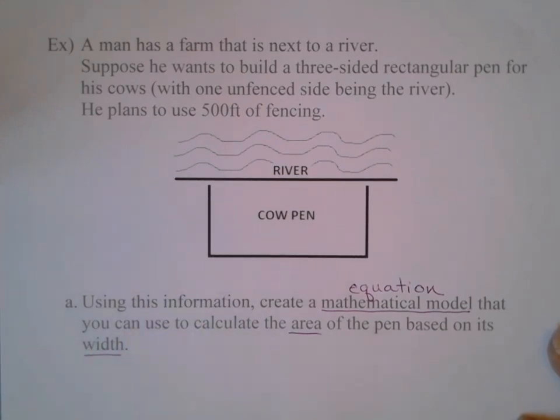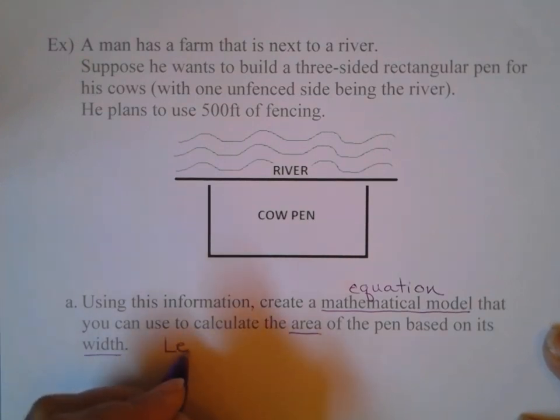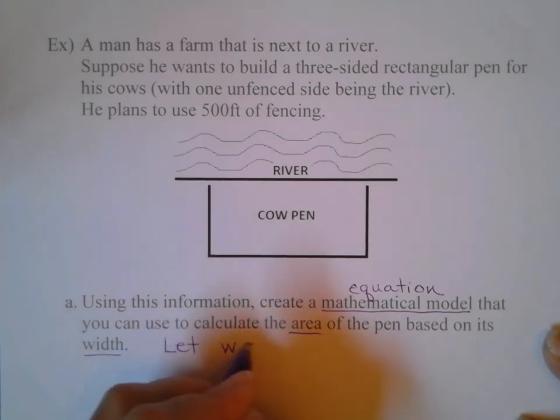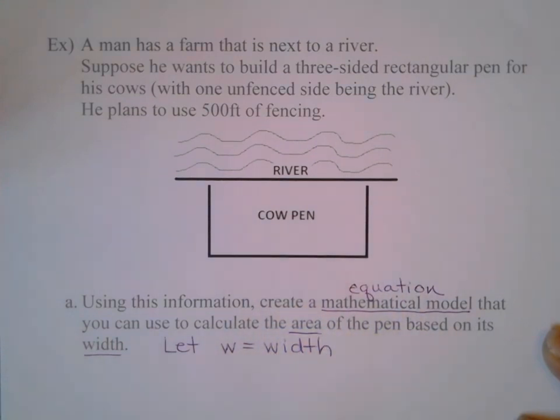So I'd like to use a variable to represent the width, because I want my equation to involve the width. So I'm going to let W be the width of this pen. Okay, and I've got a picture here.